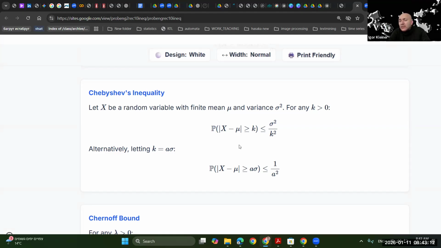And again, we can use this form: the probability that the absolute value of X minus mu is greater or equal to a times the standard deviation is less or equal to 1 divided by a squared. Both these statements are equivalent.